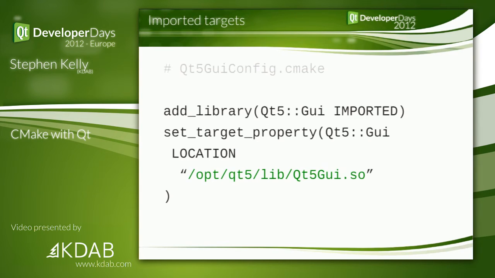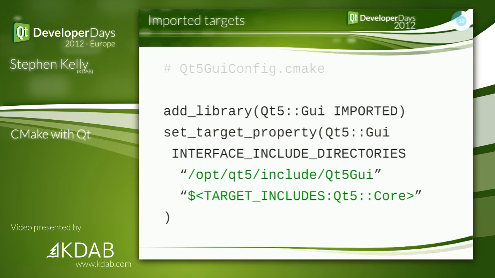Apart from just location, we can also specify interface include directories. This is a special property which CMake is aware of, and what it means is anything that links against Qt5 GUI is going to look up the interface include directories property and see which include directories should be used.